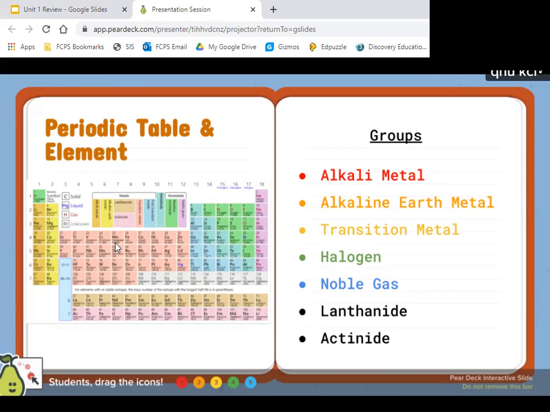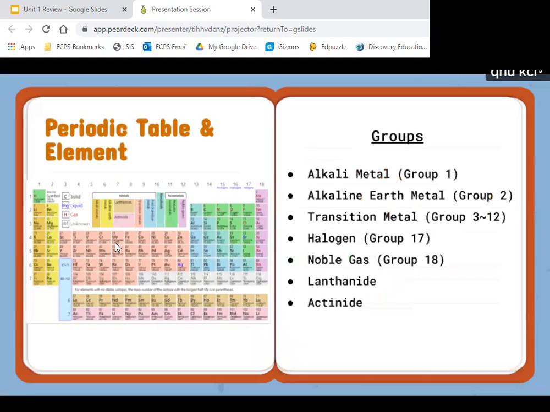Okay, 3 to 12 or this box shape, technically. So perfect. The bottom one actually is these two, but we're not gonna go over it. So no worries. How about halogen groups? Okay, group 17, perfect. And then last one, noble gas, 18. So there you go. That is your answer.